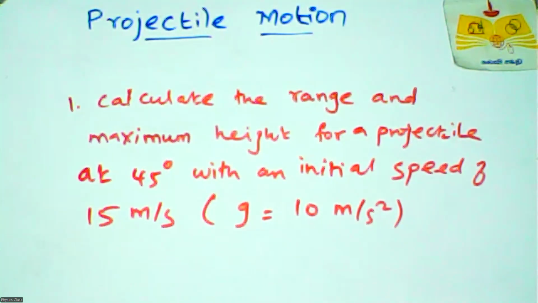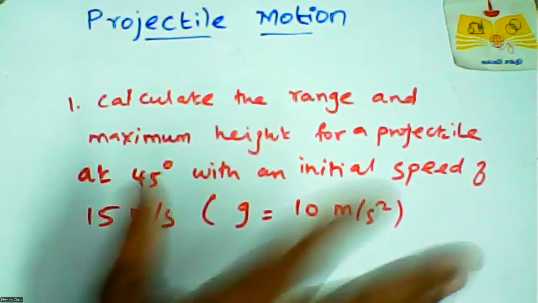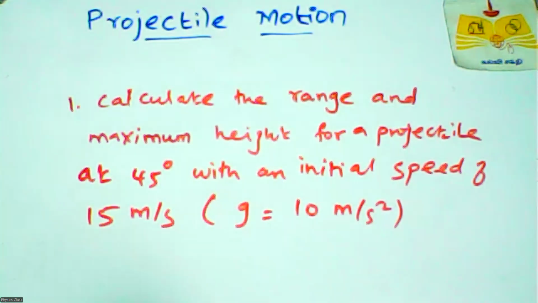I will write another problem now. Calculate the range and maximum height for a projectile launched at 45°. Already you know that at 45°, it attains a maximum range, with the initial speed of 15 meter per second.